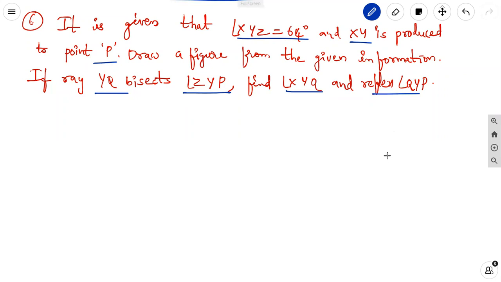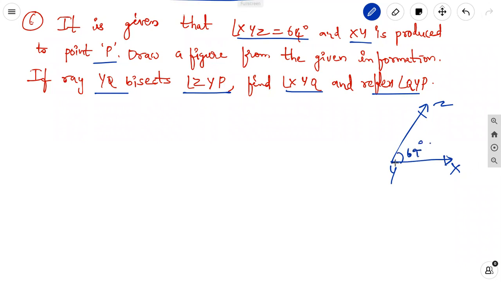Here, first we can take X, Y, Z. XY is one ray, YZ is another ray, making an angle at Y of 64 degrees.